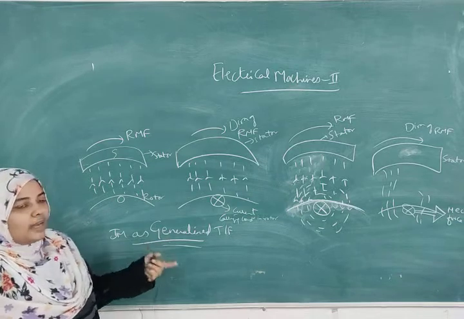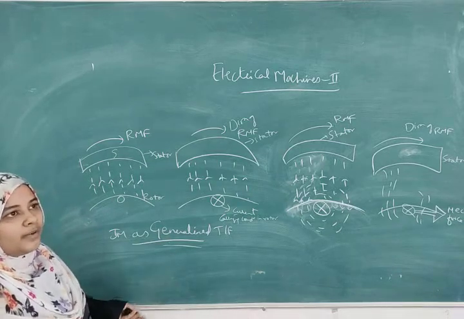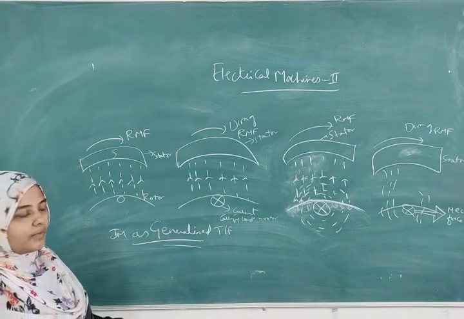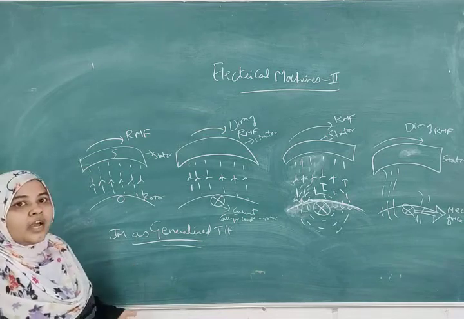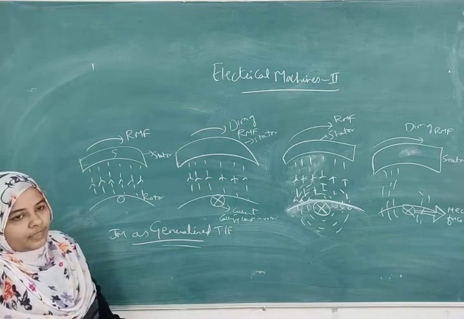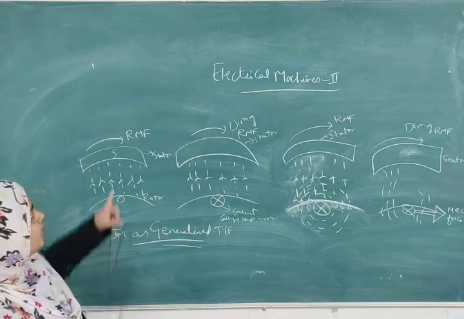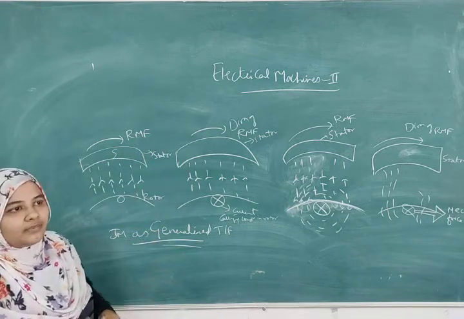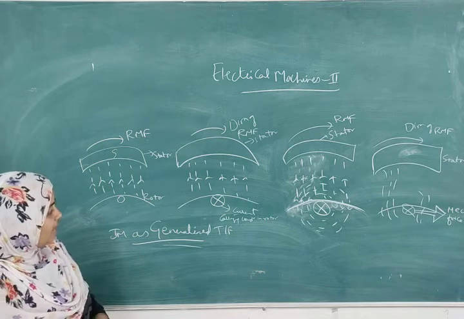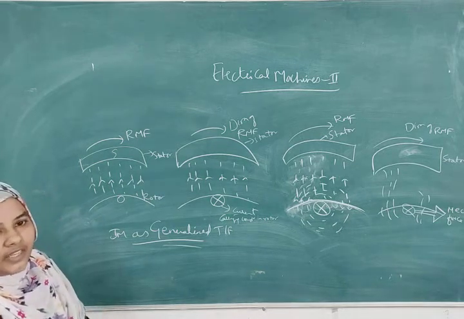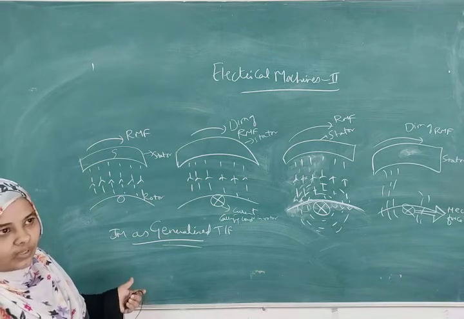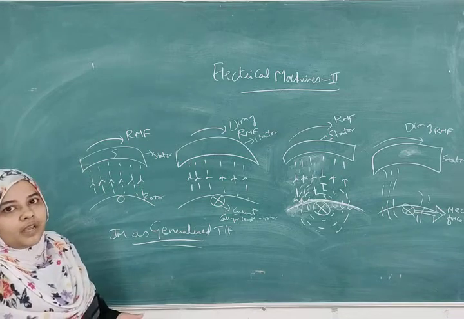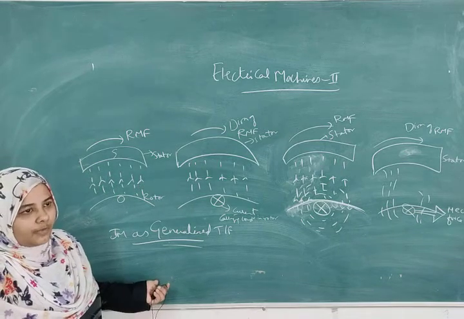The ordinary transformer is an alternating flux transformer, whereas induction motor is a rotating flux transformer, because the flux produced here is rotating magnetic field or flux, whereas in transformer the flux is alternating. There will be an air gap between stator and rotor in the three-phase induction motor, whereas there will be no air gap between primary and secondary winding in a transformer.